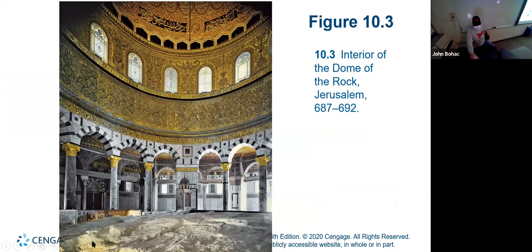This is the rock. This is the center point of this mosque. And the rock here is important to all three religions, Judaic, Christian, and Muslim. This is the place where God asked Abraham to kill his son. In the Christian and Judaic traditions, his son is Isaac.